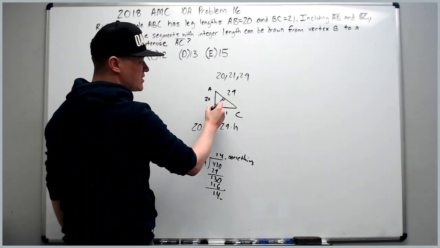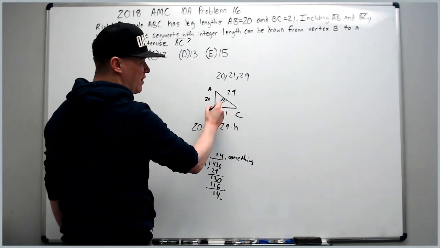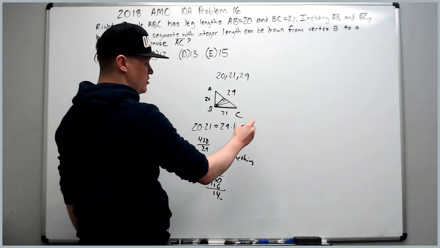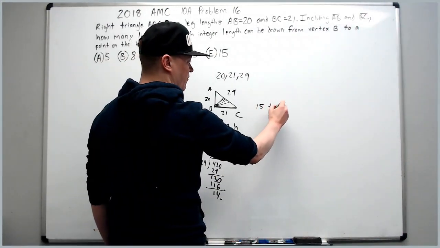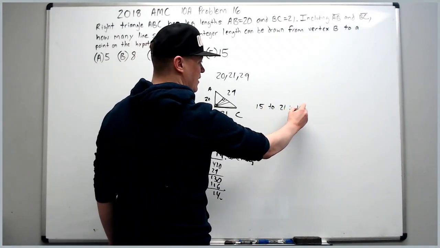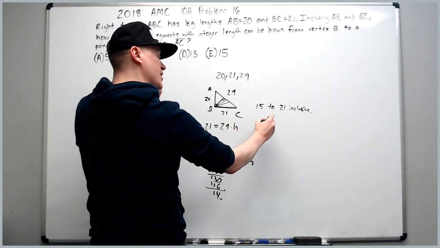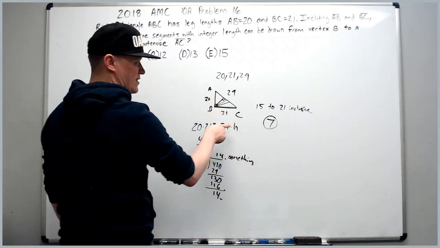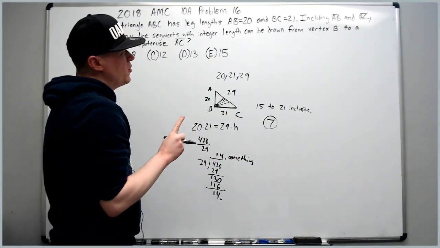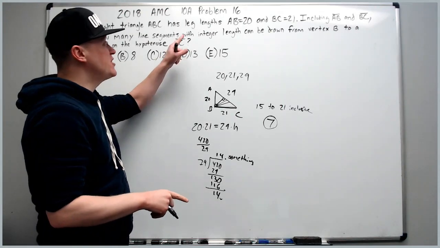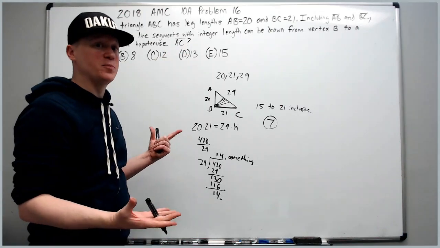Continuing on, you must be able to hit every other length until you get to 21. That means you can hit all of the values from 15 to 21 inclusive. 21 minus 15 plus 1 is 7 for that side. Now, what you want to check really quick is does it say how many integer values can the lengths be?